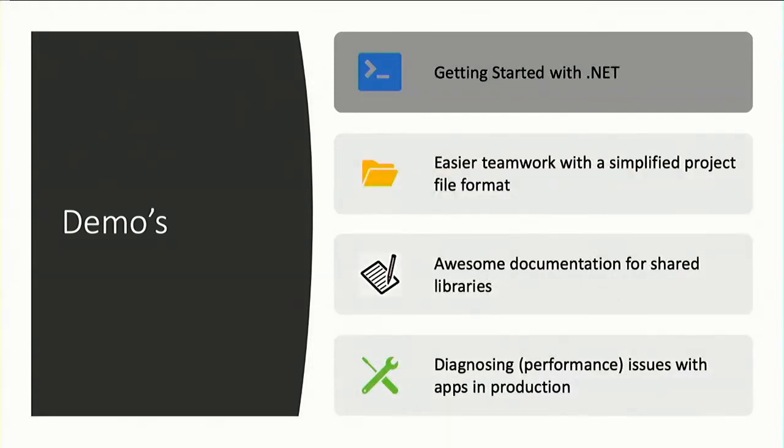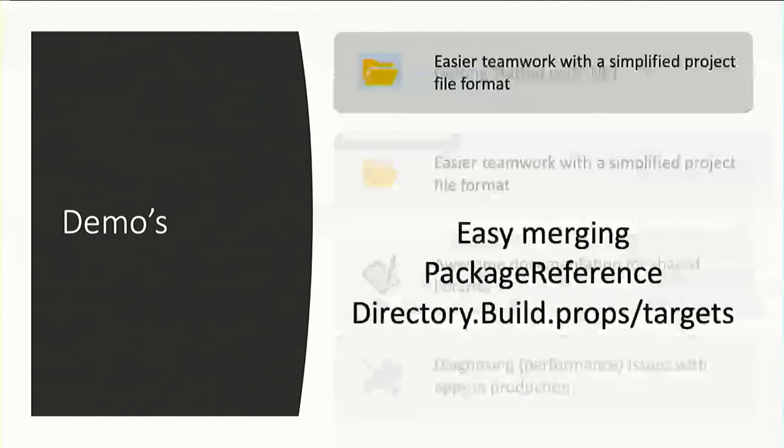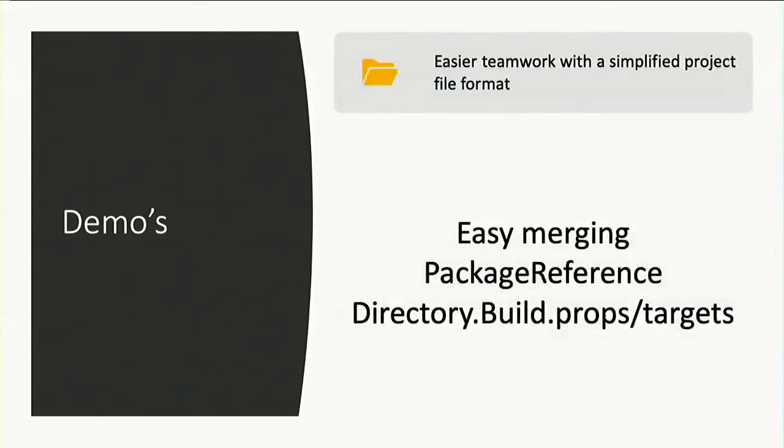So that's it for basically getting started. So let's have a look at how we can work together as a team on the same project. There's a new project file format, which basically makes it a lot easier to merge changes together if you're working on different teams. So that's nice.